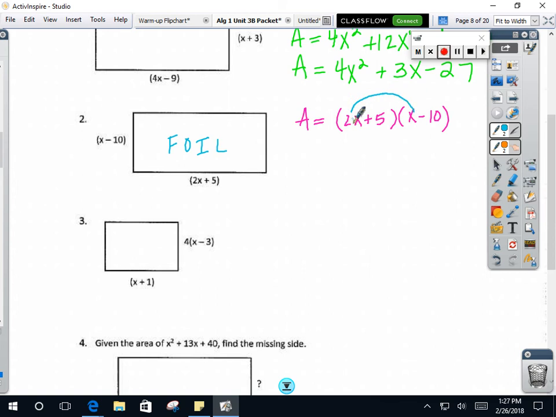Well, isn't the 2x and the x the very first thing in each binomial? So you're multiplying the first things together. Then you distribute the 2x to the negative 10. Aren't those terms the outside terms of the whole problem? Then you distribute the 5 to the x, and aren't those the inside terms of the whole problem? And then you distribute the 5 to the negative 10, and those are the last ones in each binomial. So double distribution is FOIL. It's just I don't call it FOIL.